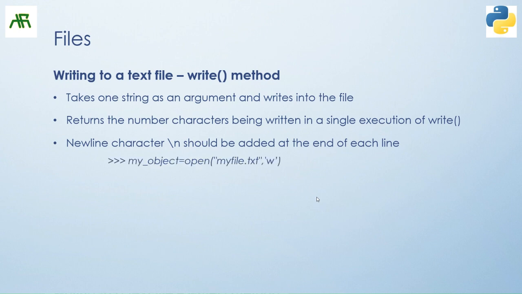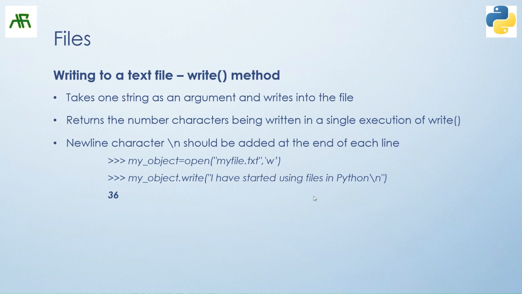So I'm opening the file in write mode and I'm writing "I have started using files in Python \n". This is the whole string. Within double quotes, I have the whole string and a new line character. So the entire text within double quotes as one string will be written in this call of write.